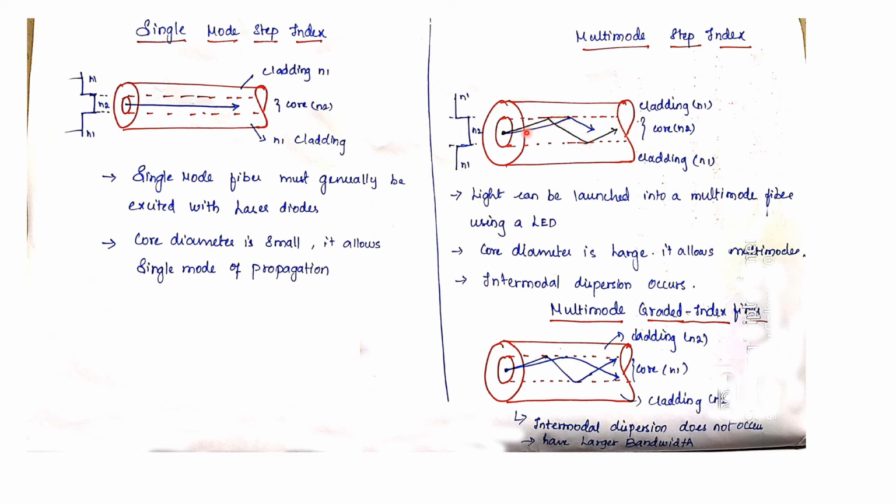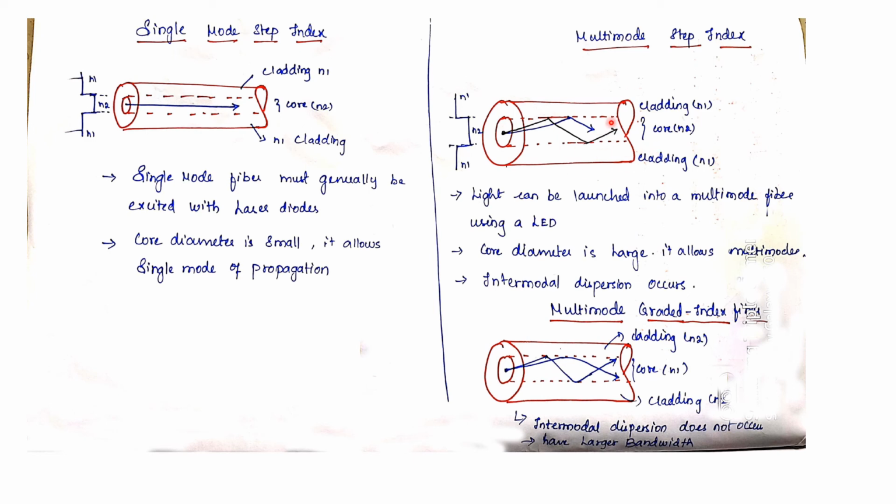That means, see here, the first light ray can reach the end of the optical fiber, and the second ray is lost here itself. It does not reach the end of the fiber. That is called intermodal dispersion.